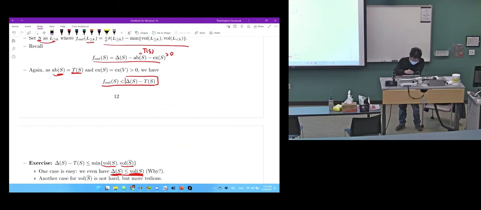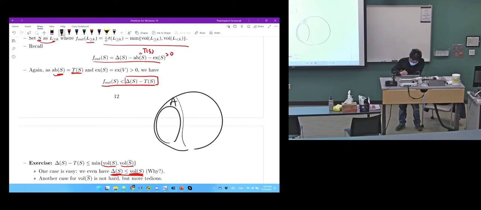Like you have A and you have B, and if this is S, then the total source of S is from here, right?